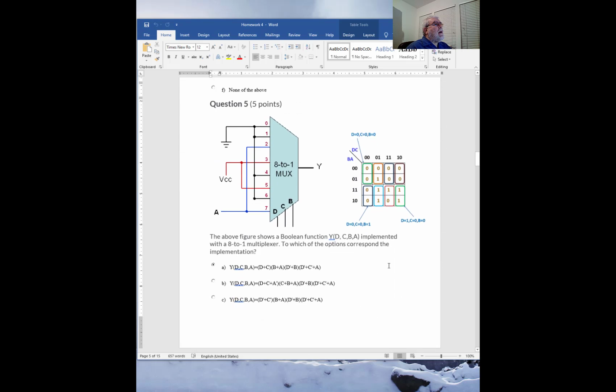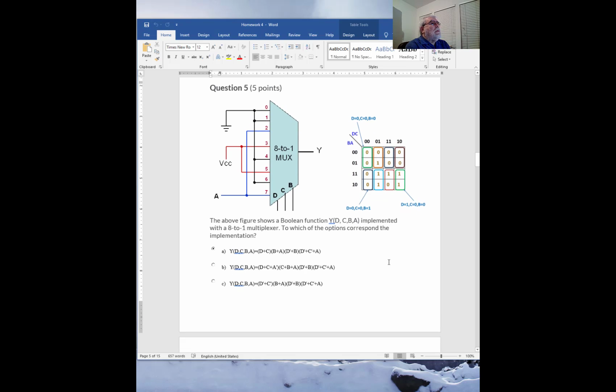Okay, question number 5. Question number 5 is another multiplexer that implements a 4-variable function, rather. So be careful with this case. One of the things that you need to observe is that the direction of these variables here, or the gates, are not the A, B, and C that we've been using, but they are reversed.